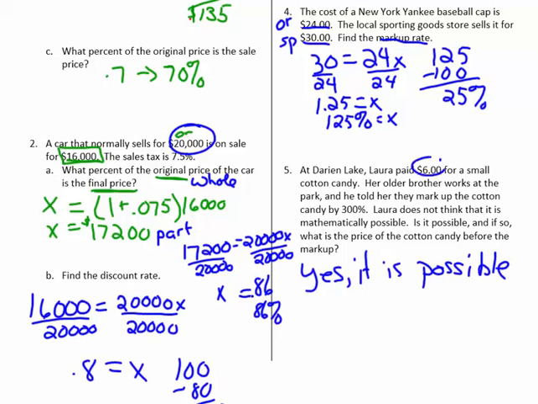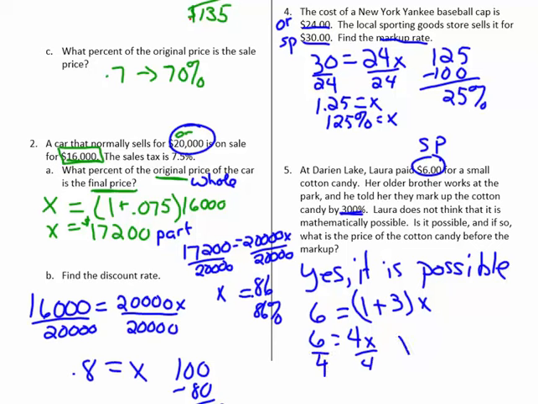Here's my selling price, there's my markup. So we're going to have selling price 6 equals 1 plus 300% as a decimal, which is 3, times x. So 6 equals 4x, divide by 4, so x is $1.50.